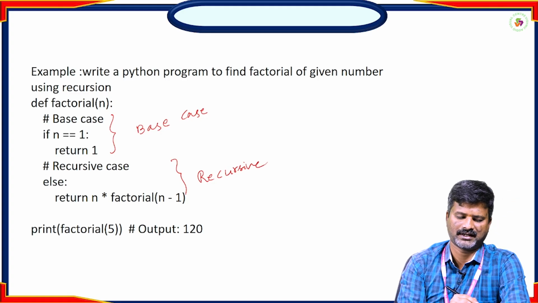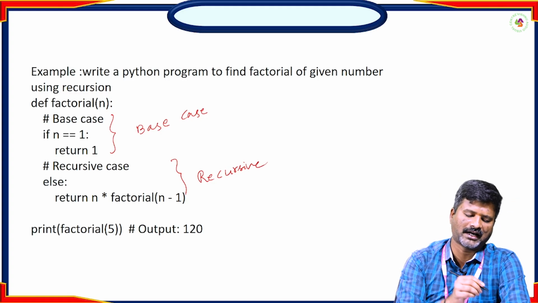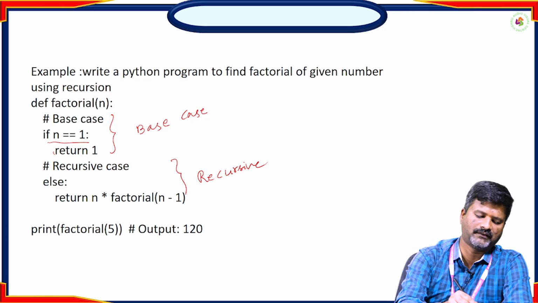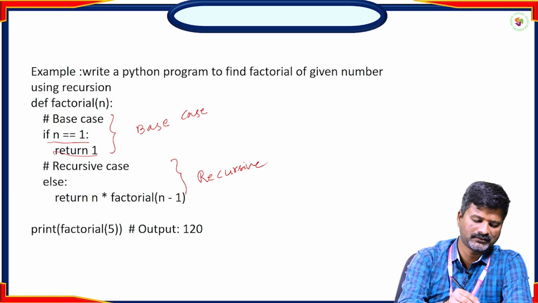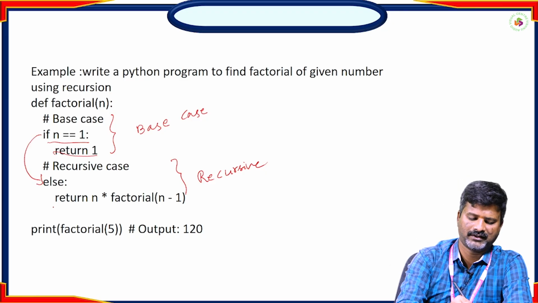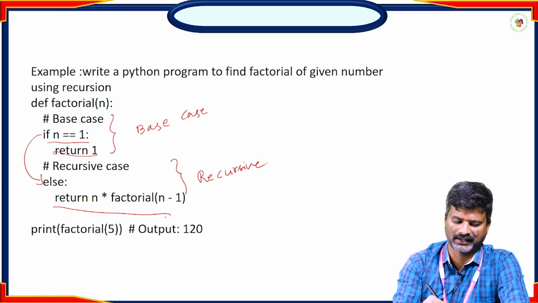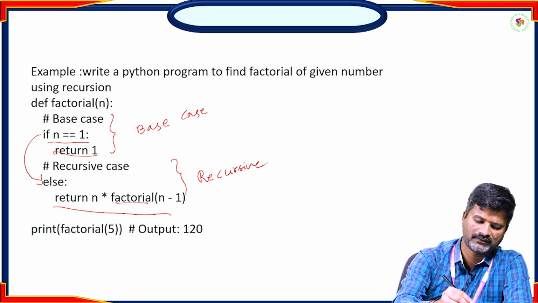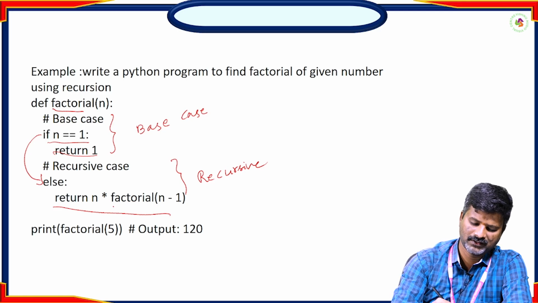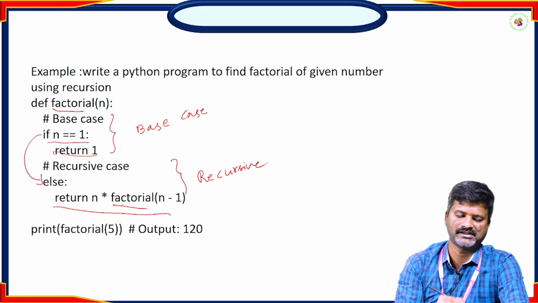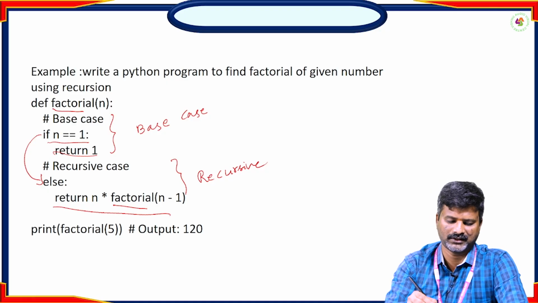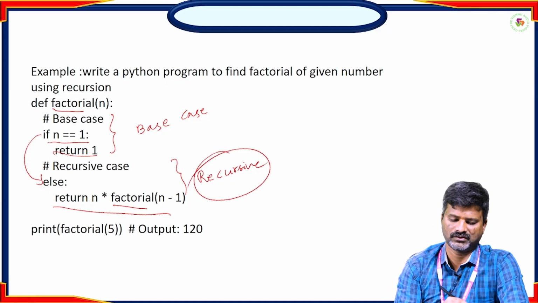The base case for the factorial is: if n equals 1, simply return 1. Otherwise, go to the else, and recursively we call the same function. Whatever function we defined here, the same function we are calling here. This is called a function calling itself. When you call the same function within your logic, it comes under a recursive function.